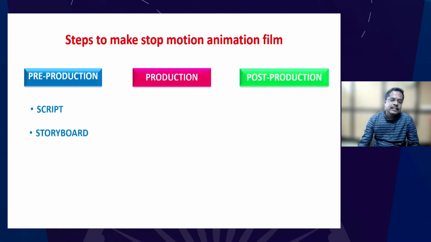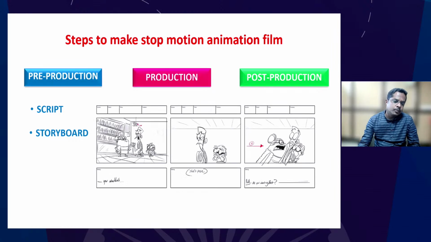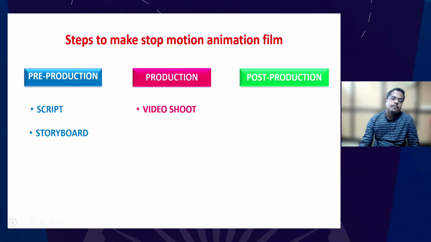Secondly, the storyboard, which is nothing but the frames. In the first scene, what should happen, how the camera should be kept, what characters will be visible, and what the background will be. These things are given in the storyboard. The third one is the materials for stop motion animation, that is, the characters that we are creating. And the second part is production, that is, the video shoot.